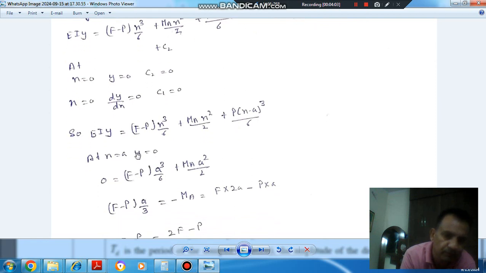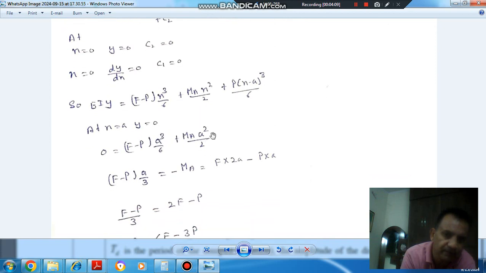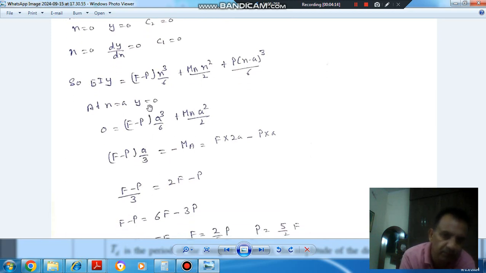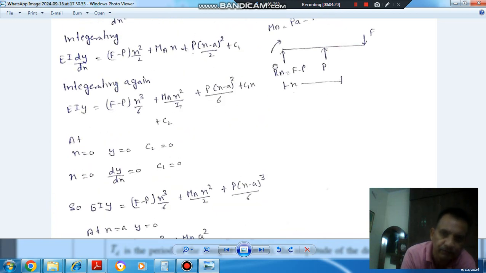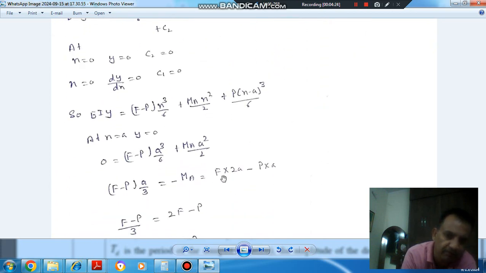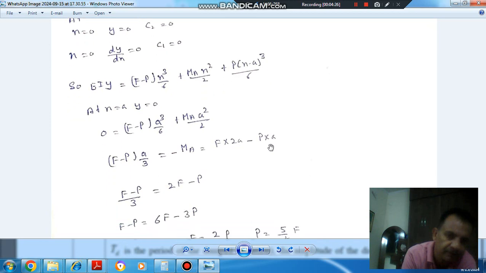So this is 0, and this is (F minus P) A cube by 6, and this is MA A square by 2. So it will be (F minus P) A by 3 minus MA is equal to 0, and MA is this quantity, PA minus F into 2A, so minus MA will be 2FA minus PA.